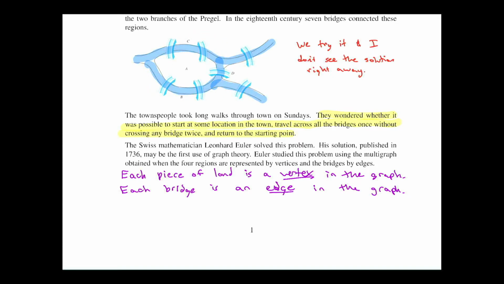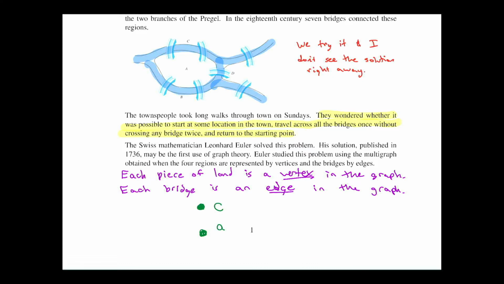If you're trying to make a graph, just copy it as well as you can. So I've got C on top, then A, then B. Those are different pieces of land, and land are vertices. So if I'm trying to draw this, I would draw it as C on top, then A.